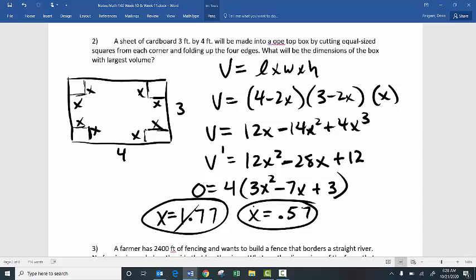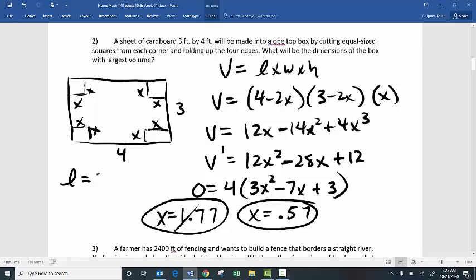To figure out your length, your width, and your height, you just plug 0.57 back into here. So 4 minus 2 times 0.57 will give you that dimension. If you grab your calculator, and like I said, the ones on the test will work out nice. So you do 4 minus 2 times 0.57.